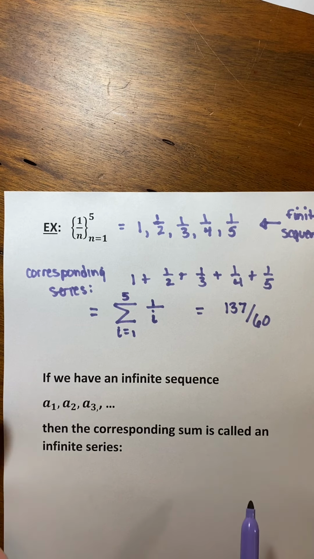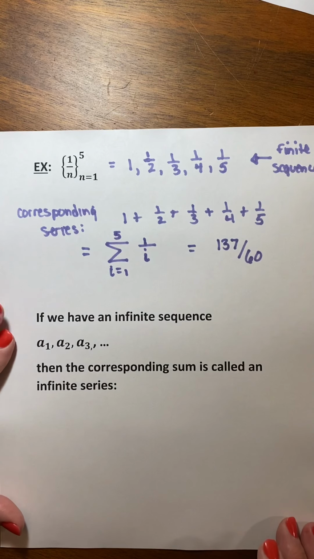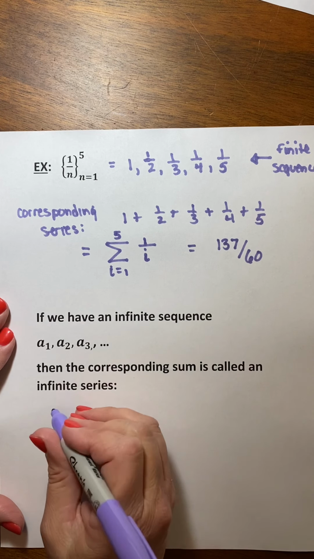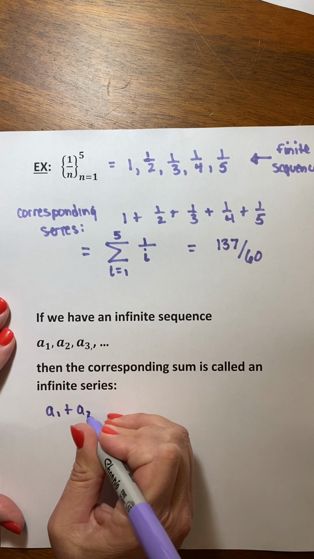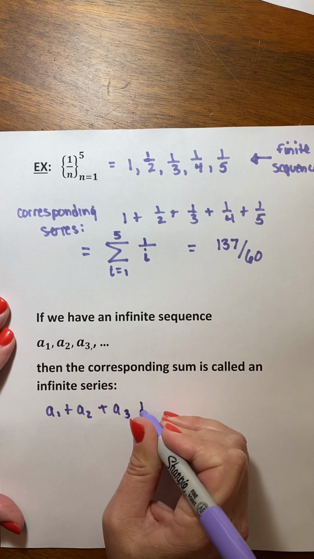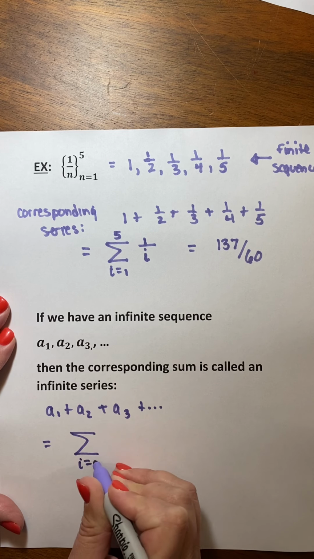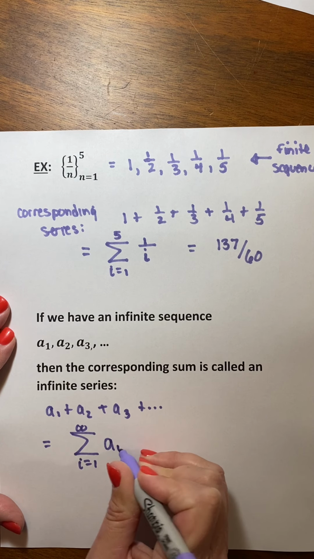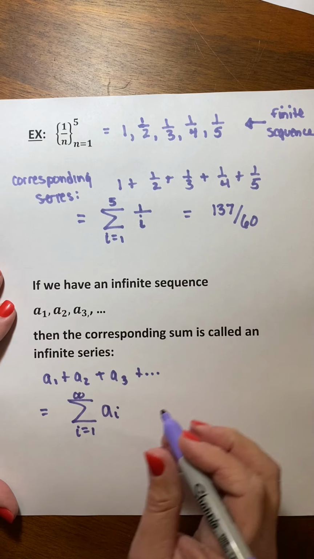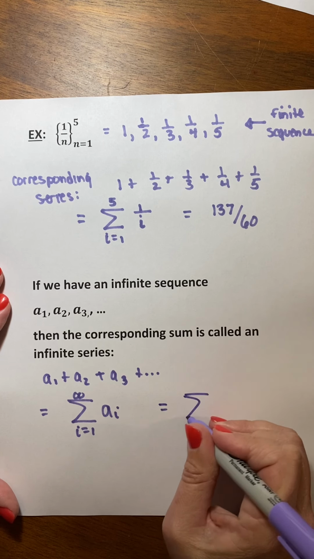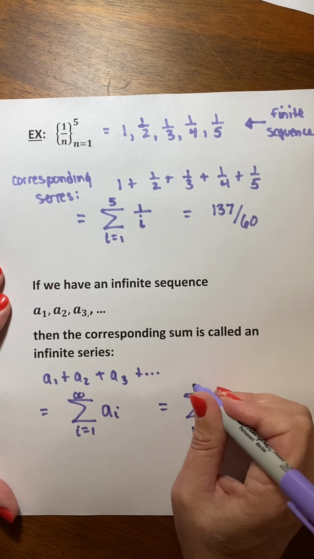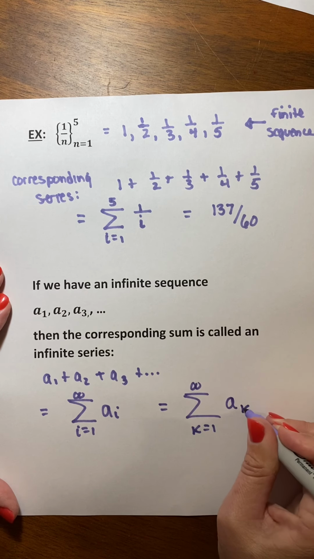If we have an infinite sequence, the corresponding sum is called an infinite series. So a1 plus a2 plus a3 forever is going to be the sum from i equals 1 to infinity of a sub i. Now we could change this subscript. I could say k equals 1 to infinity and then use the subscript k.